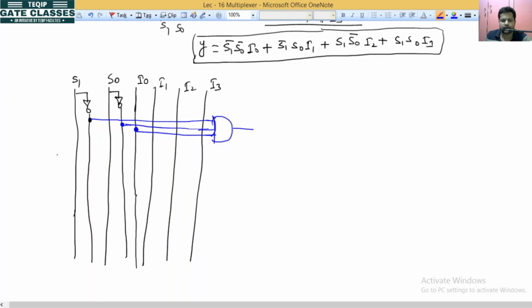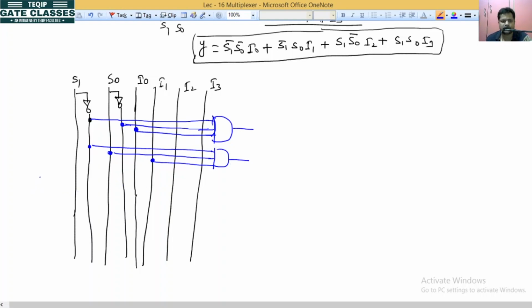Okay, similarly we can go for S1 bar. So S1 bar here, S0 from here, I1 is here. So you just take these three inputs and connect them with one more AND gate. That is a 3 input AND gate.